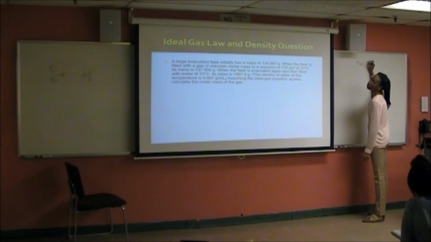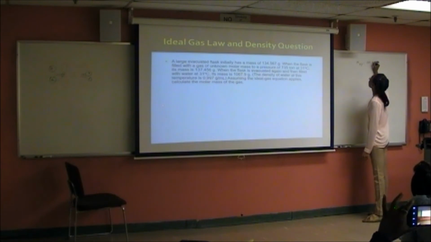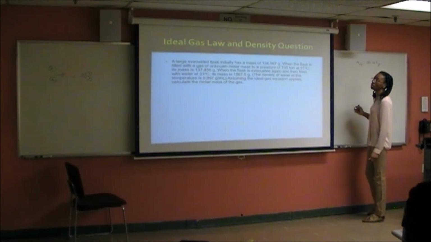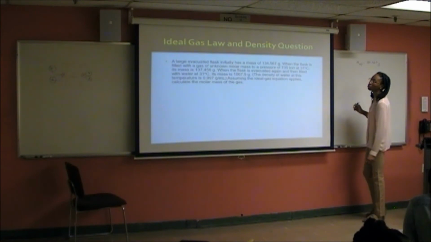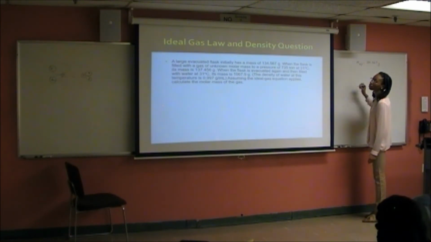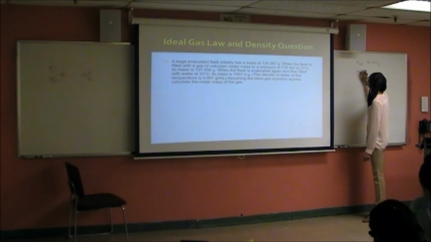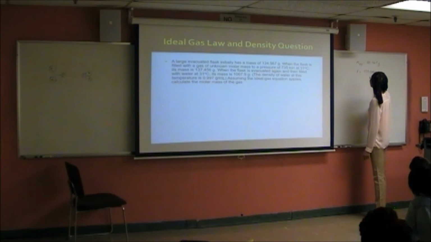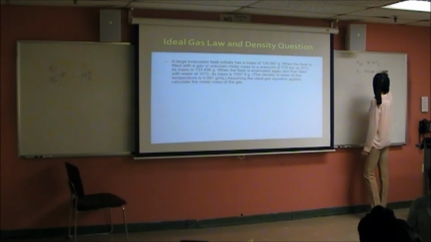What's the mass of that? 134.567 grams. What else did they give us? We have a pressure of 735 torr. So your pressure is equal to 735 torr divided by 760.